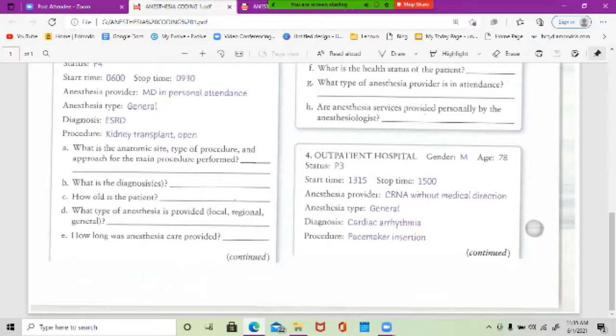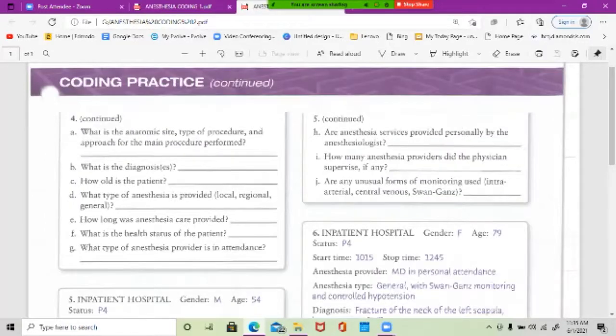Procedure is pacemaker, cardiac pacemaker inserted. And then what other part? That was it. That's all we needed. Okay. Great.